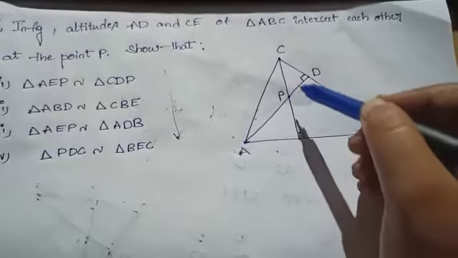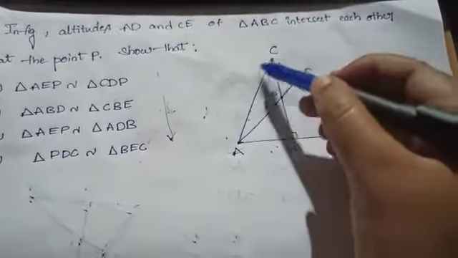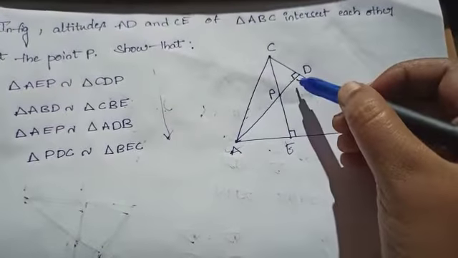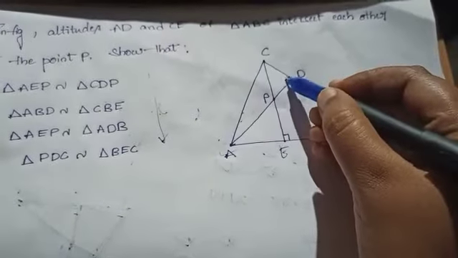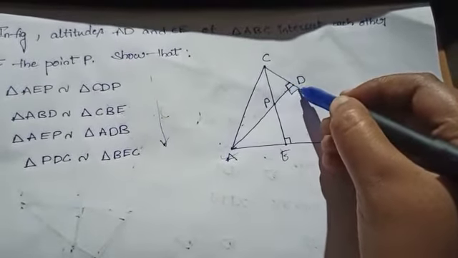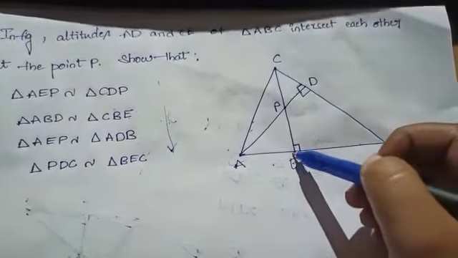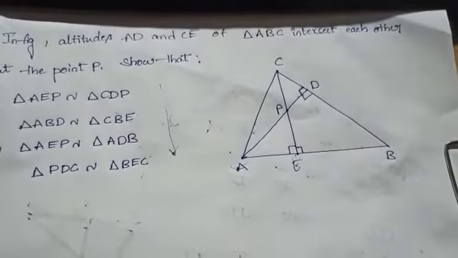AD and CE are the altitudes of this triangle. An altitude forms a 90 degrees angle with the base. This angle equals 90. This angle equals 90. CE is the altitude. It forms a 90 degrees angle with the base.